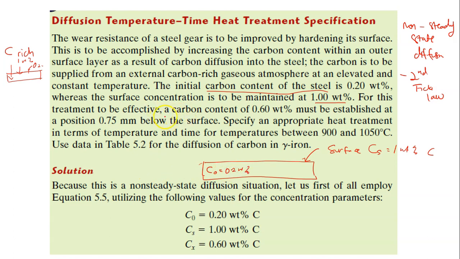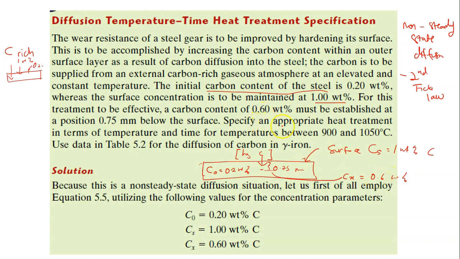For this treatment to be effective, a carbon content of 0.6 weight% must be established. So according to this problem, the atoms need to diffuse from this high concentration of carbon, alright, into this steel until it travels as much as 0.75 millimeter below this surface, in which the carbon content here, the Cx, would be 0.6 weight%.